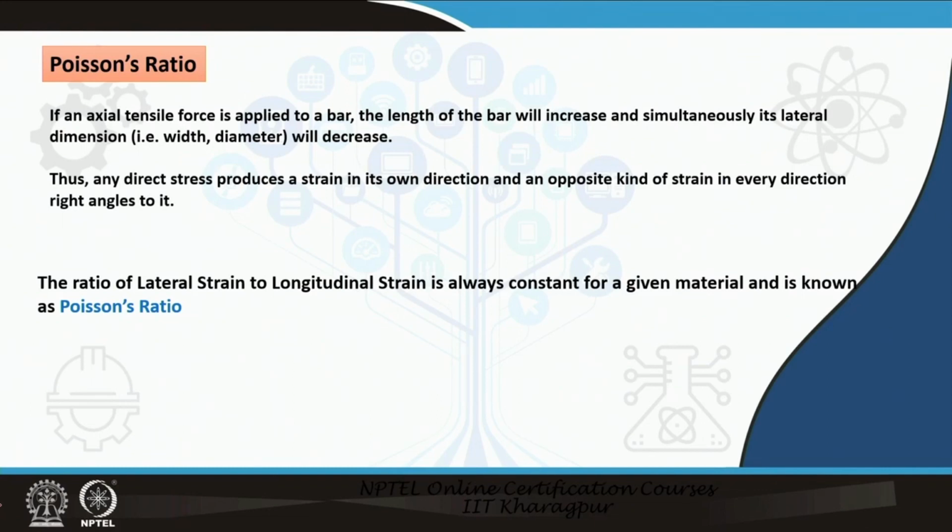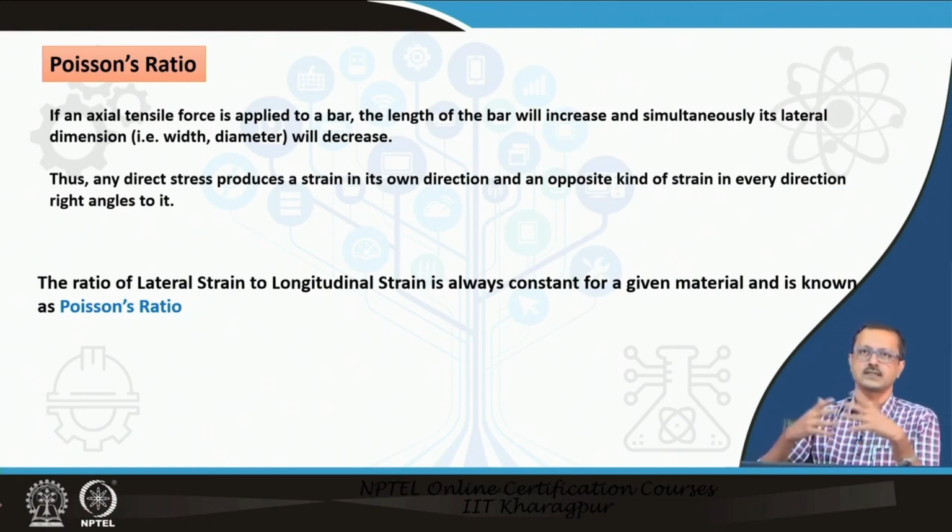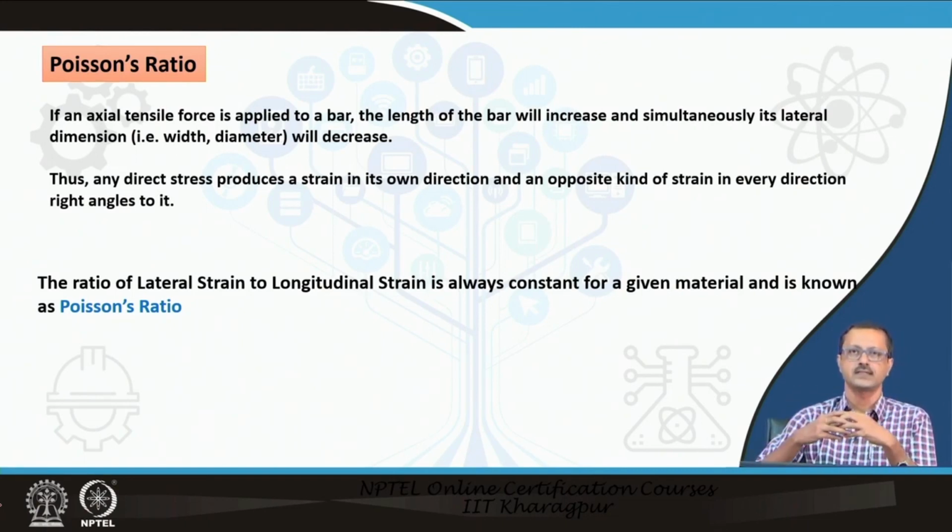You see, when an axial force is applied to a particular object, it will either increase or decrease its length, depending on whether it is a tensile force or a compressive force. If it is a tensile force and you apply the load at the two ends, it will elongate from the original length.